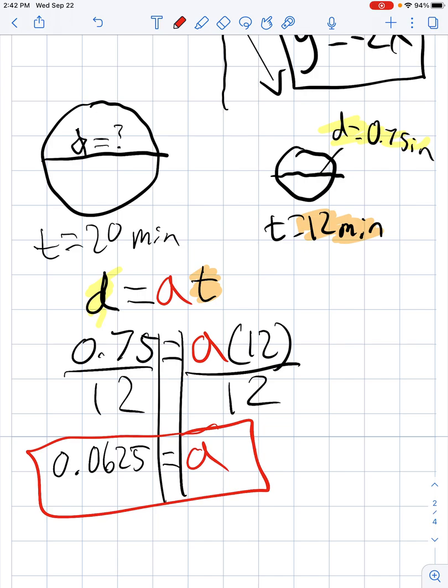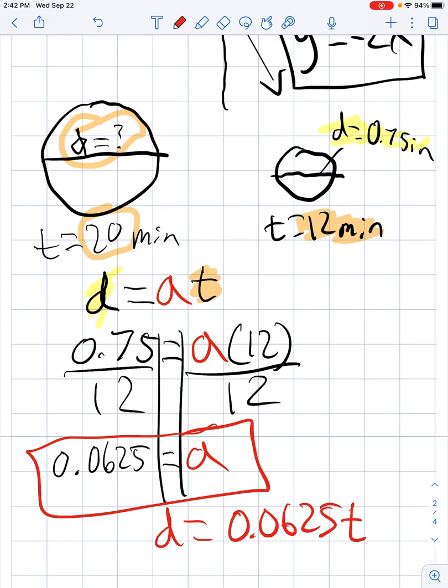So again, if I were to write that as an equation, I would say the diameter equals 0.0625 times t. And now the second part is, well, we better figure out what the diameter is after 20 minutes. And because we got this nice equation, I can plug in 0.0625 multiplied by 20.